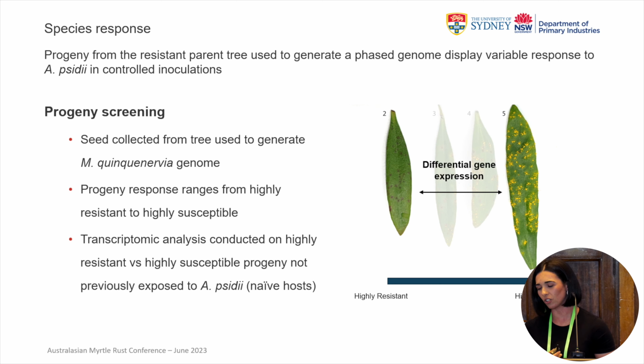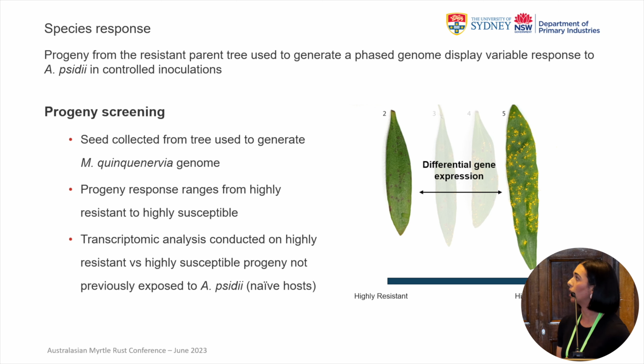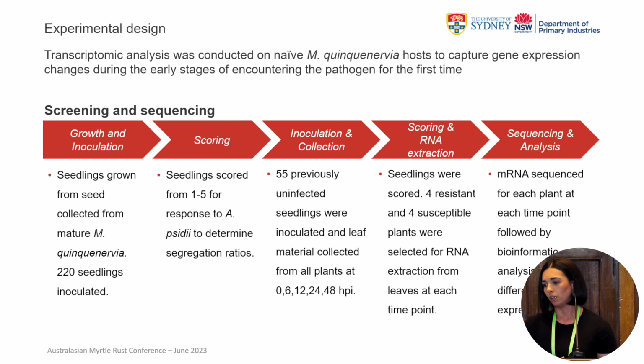So I was essentially looking at differential expression between the plants that are showing that hypersensitive response, so that localized cell death, and those that are highly susceptible to the pathogen, so they're showing no response at all. Just a really quick summary of how I've been going about this.